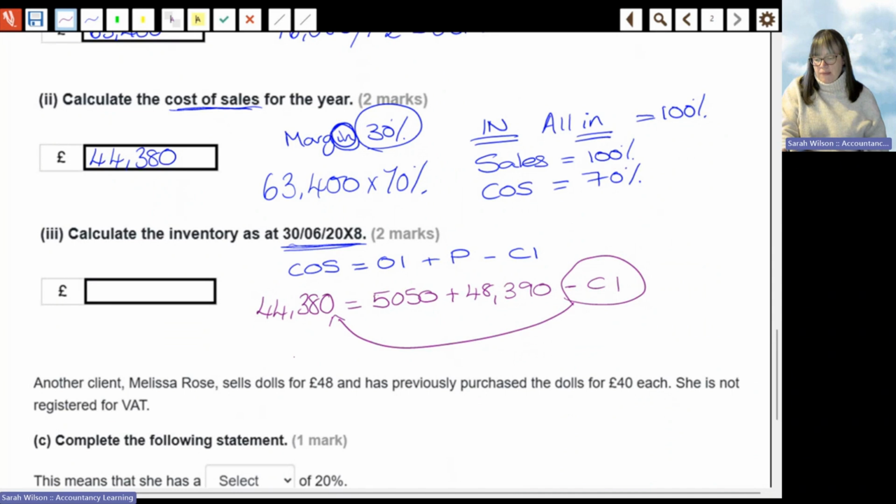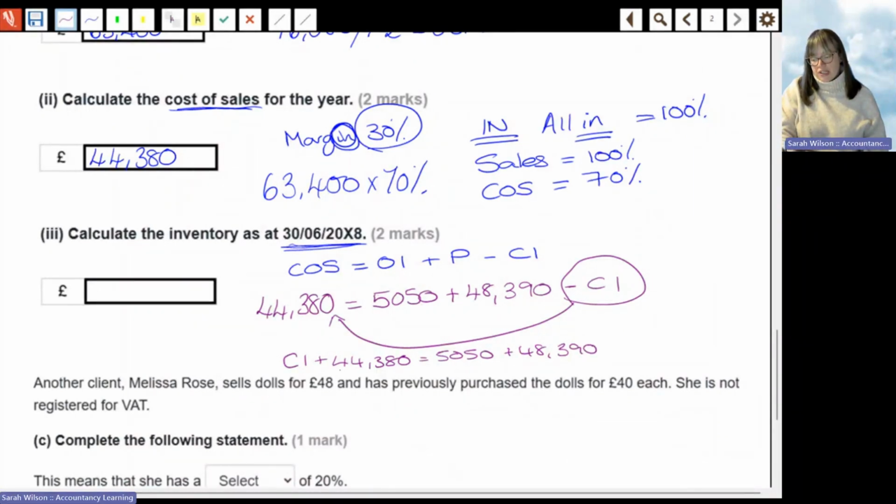So then that will then become CI. So that's our closing inventory. And the way it reads at the moment would be plus 44,380 equals 5,050 plus 48,390.